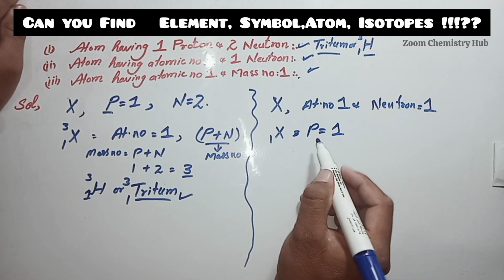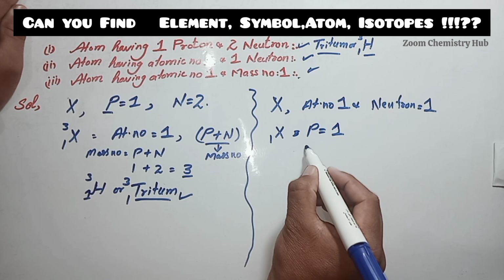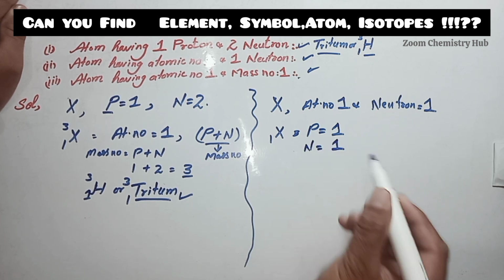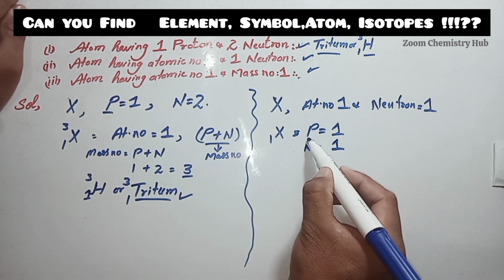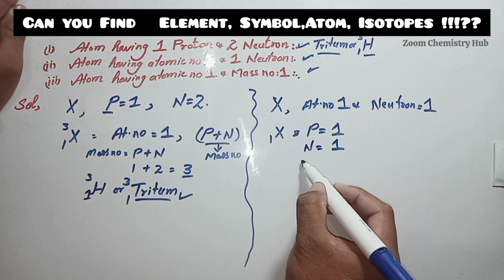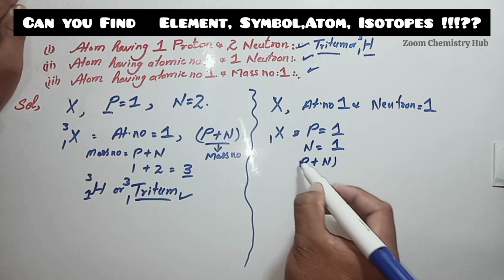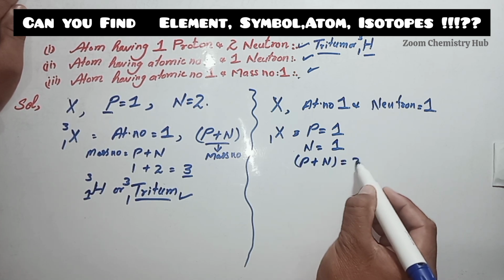Similarly, this element contains only 1 neutron, that is, the neutron number is 1. So we know that the sum of the number of protons and neutrons is the mass number.